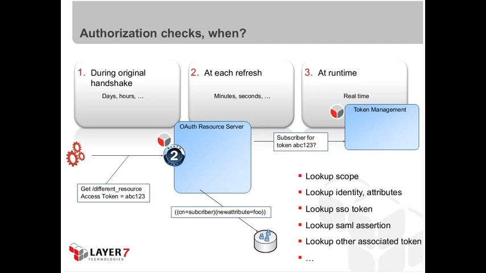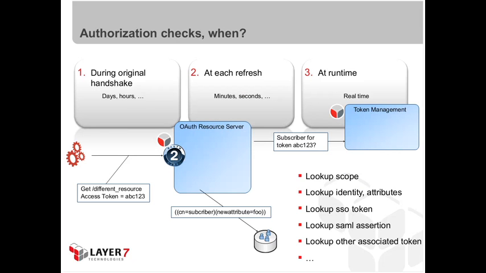So first of all, OAuth access tokens are ephemeral. They have a short lifespan, but they are meant to be refreshed so that you don't have to involve a user to re-handshake all the time, depending on which handshake type you're relying on.